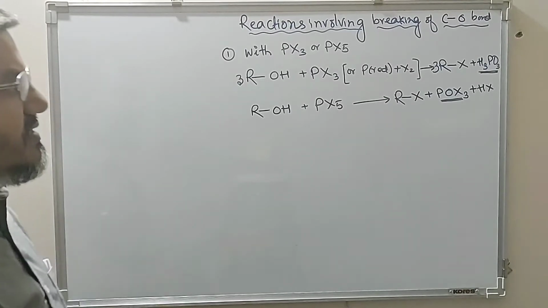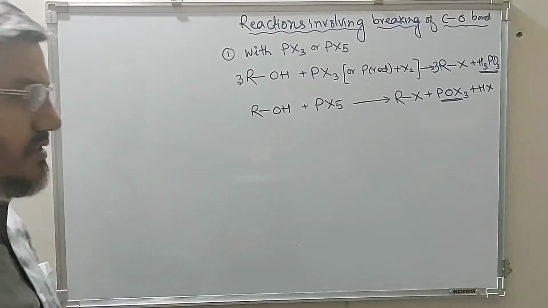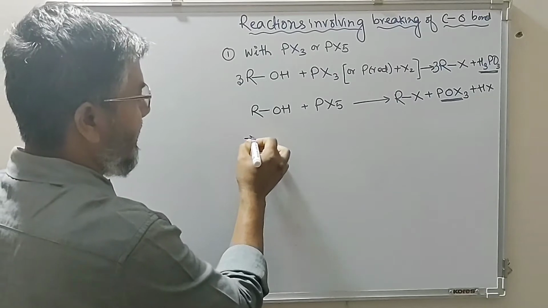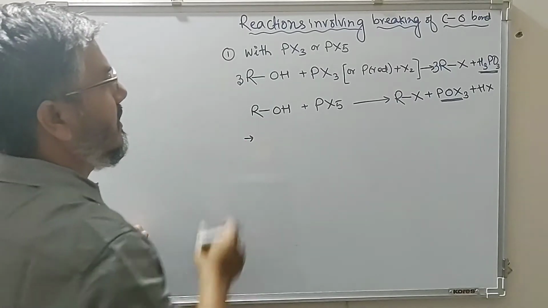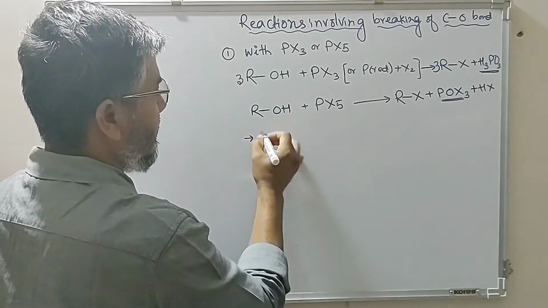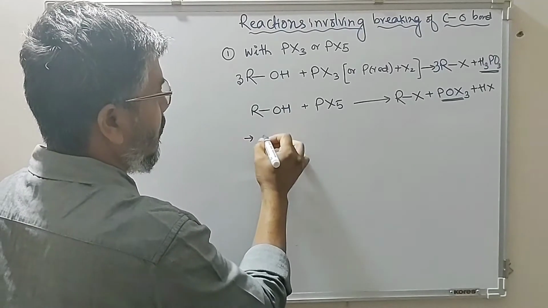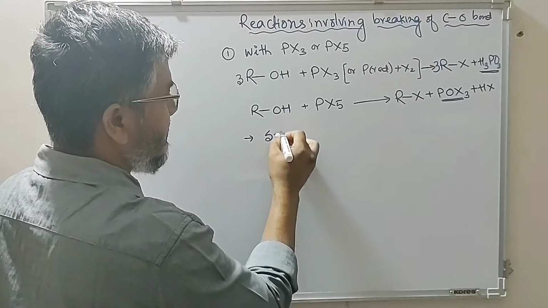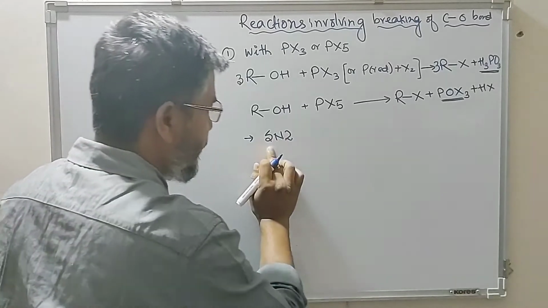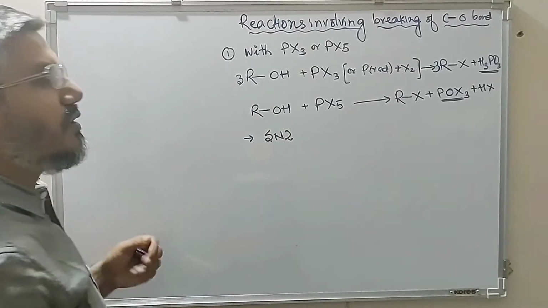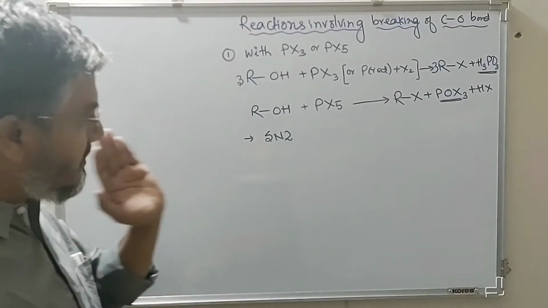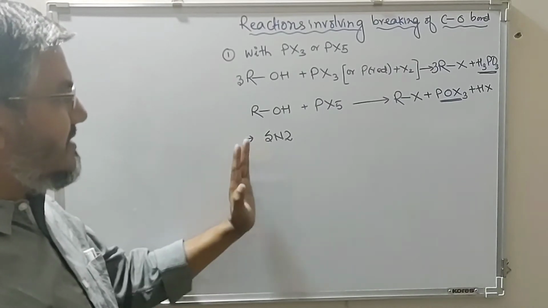Now there are some specific requirements for this reaction. The points that we have to keep in mind: all this reaction takes place via substitution nucleophilic bimolecular reaction. So the reaction is SN2.